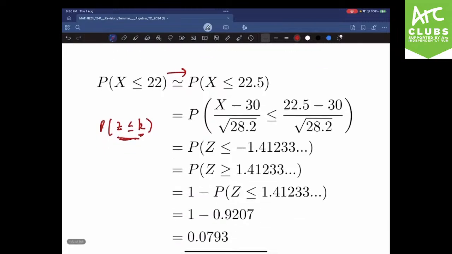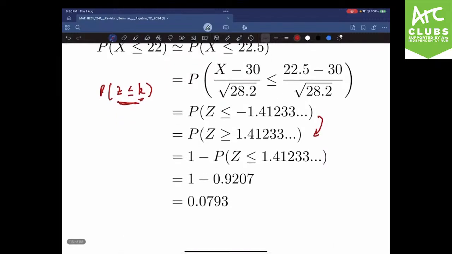From this step to this step, we flip the sign and we flip the inequality sign, because the normal distribution is an even function. So my z-score being less than or equal to negative 1.41 is the same as my z-score being larger than or equal to 1.41.